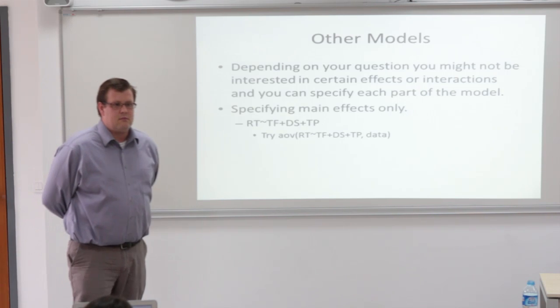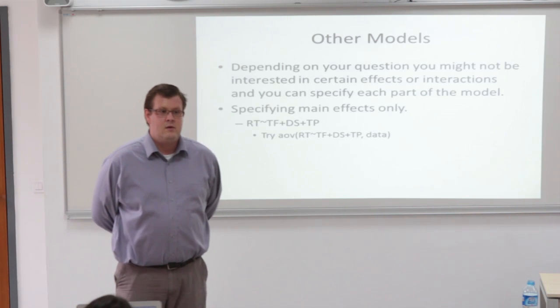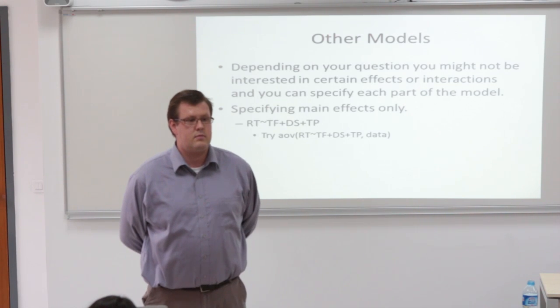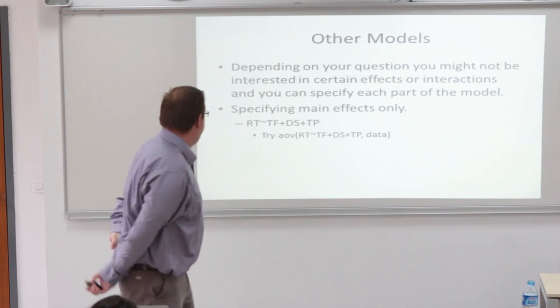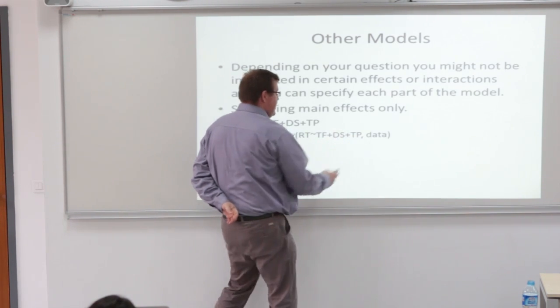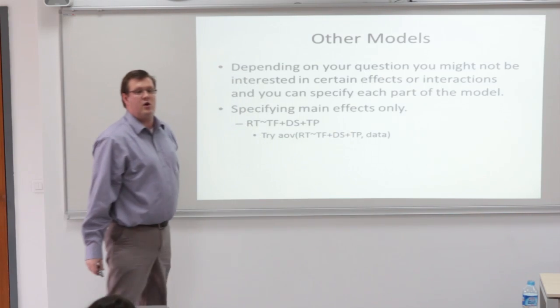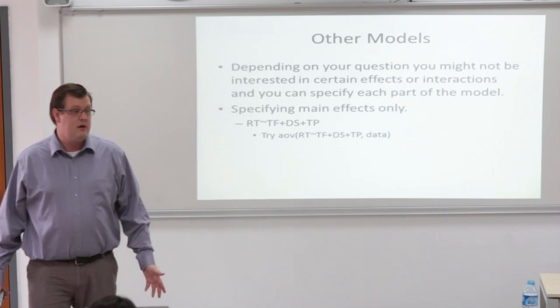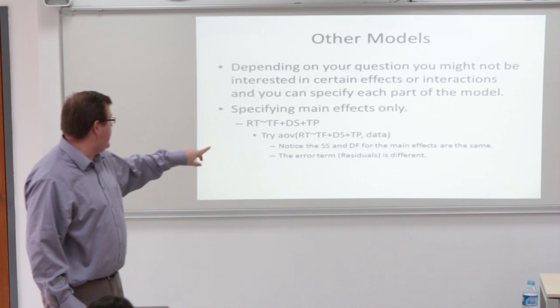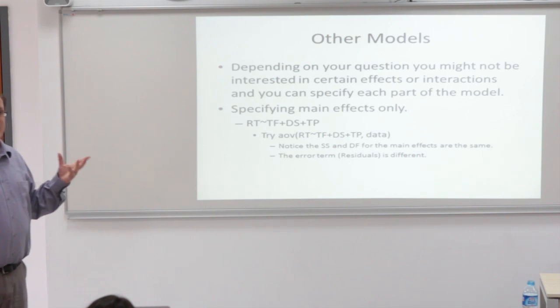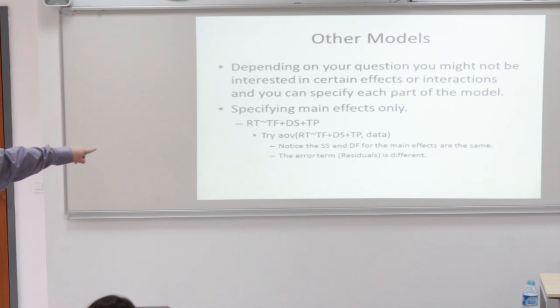You get three sums of squares, one for each of them, and their degrees of freedom. You don't have an interaction. And if you notice, the sums of squares and the degrees of freedom for the main effects are the same, but the error term, that is the residuals, are different.